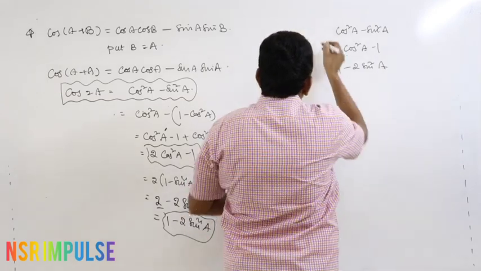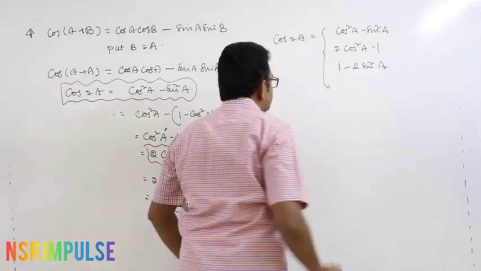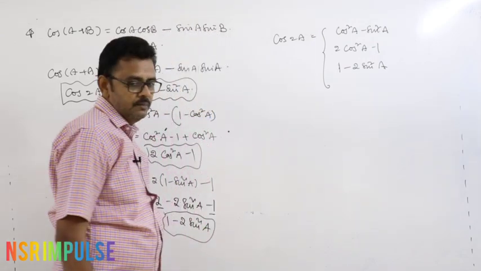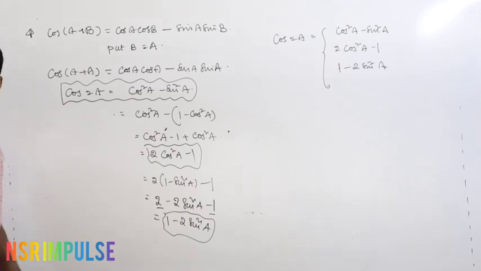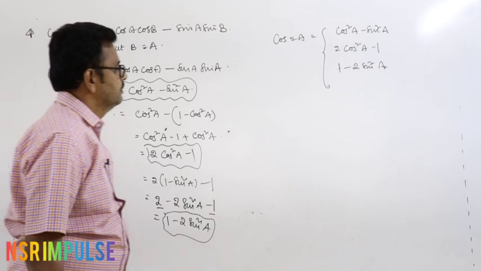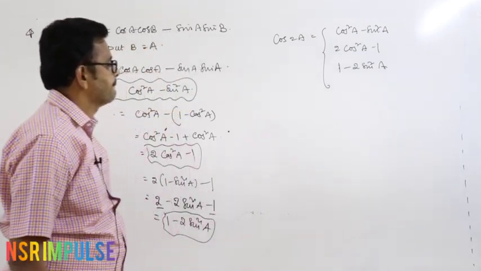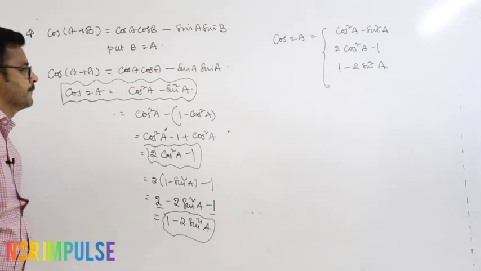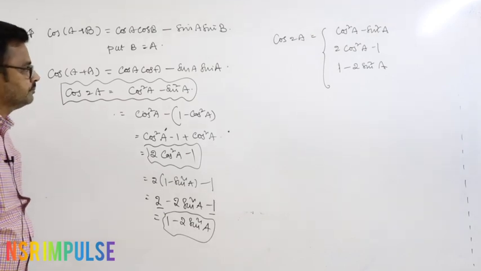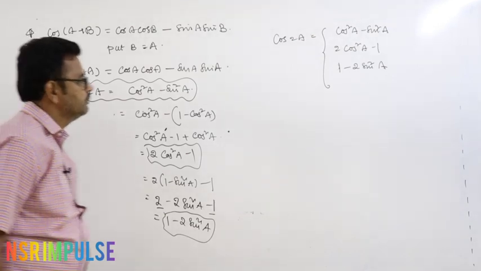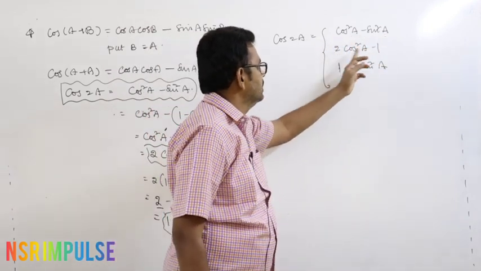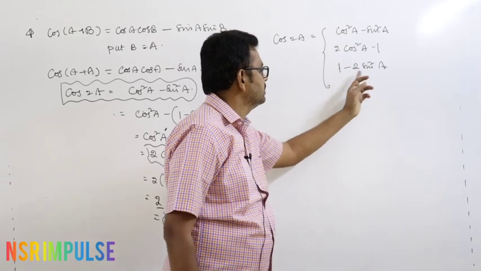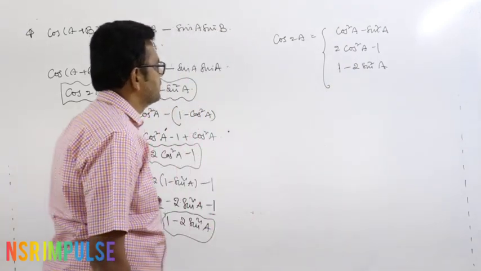So these are the formulas for cos 2a: cos square a minus sin square a, 2 cos square a minus 1, 1 minus 2 sin square a.